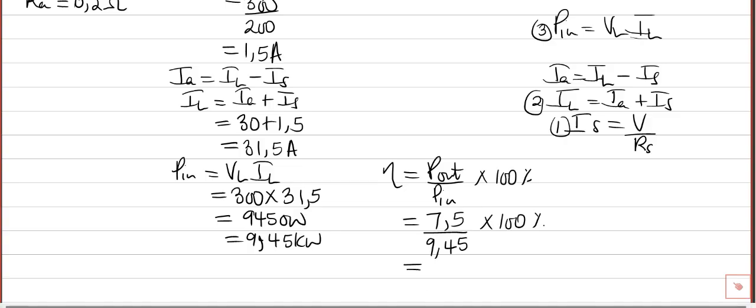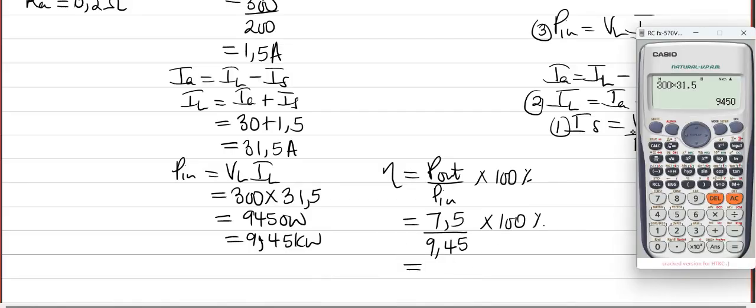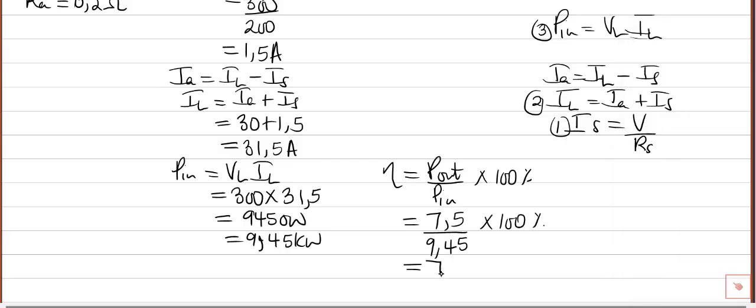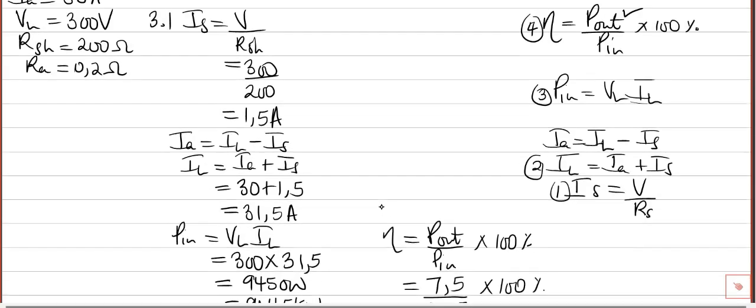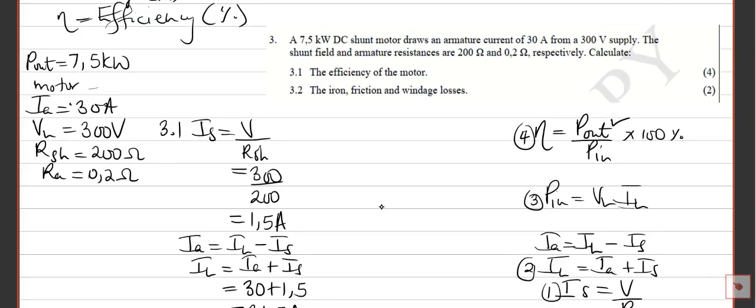Then you multiply your final answer by 100, and we have 79,365%. And that's how you would go about your calculation for the first question, looking for efficiency.